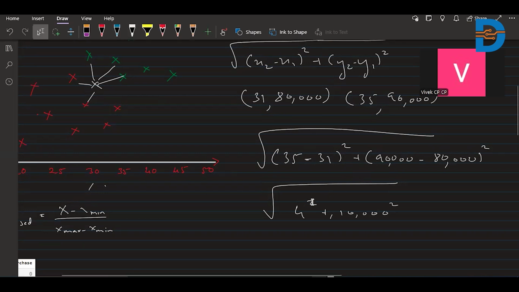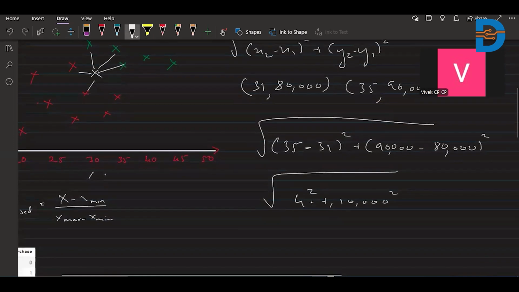So when you are calculating the distance between the points like this, your age is not going to have a lot of say. On the other hand, even a relatively low difference in income, 80,000 and 90,000, which are not really that much apart, is still going to contribute a large portion to the distance calculation, right?